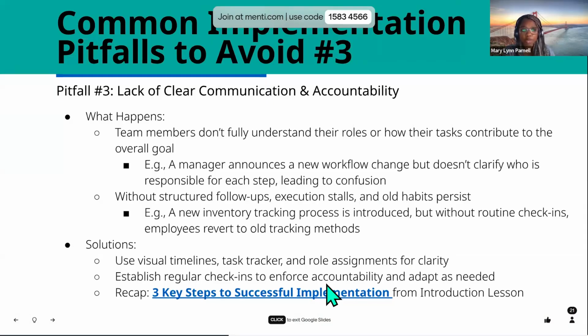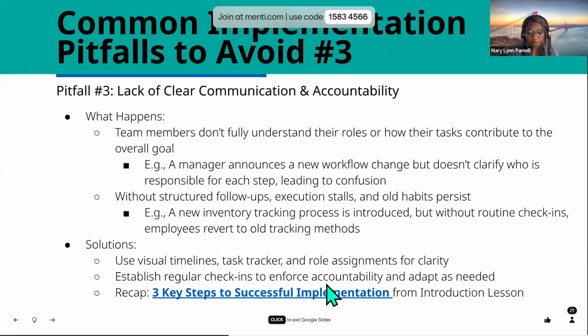If a manager announces a new workflow change but doesn't clarify who is responsible for each step, it leads to confusion. If you have a new inventory tracking system but no routine checkups, employees risk reverting to old tracking methods.